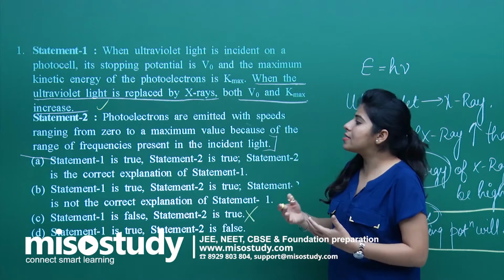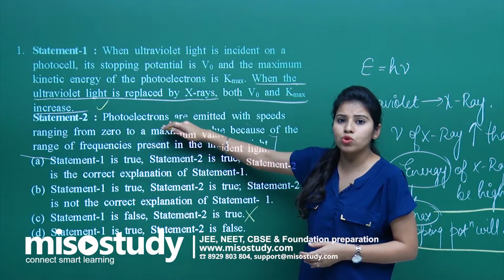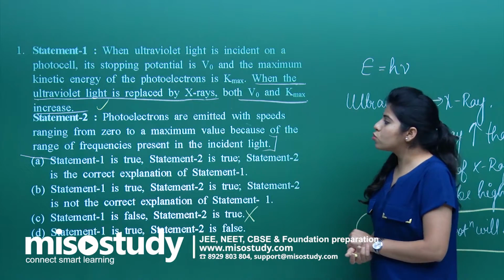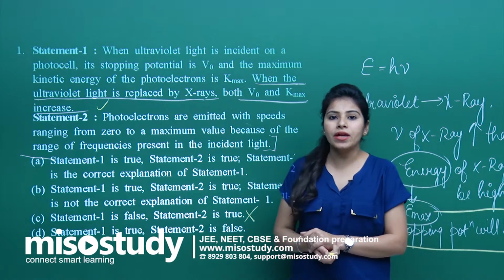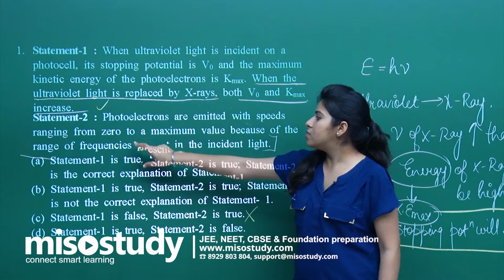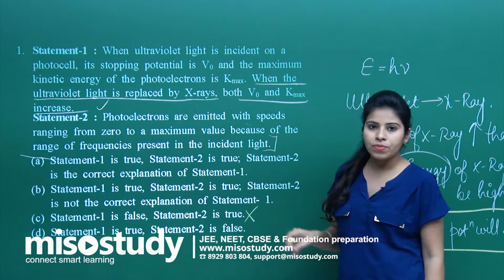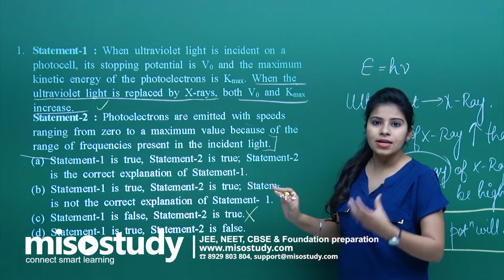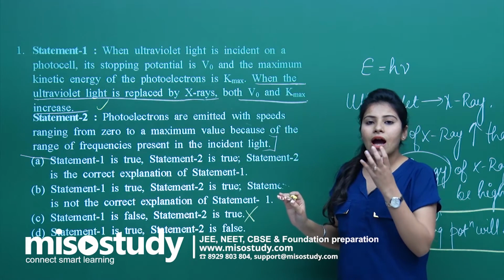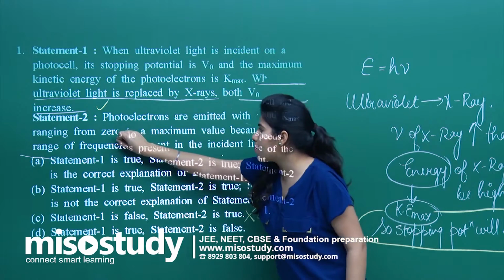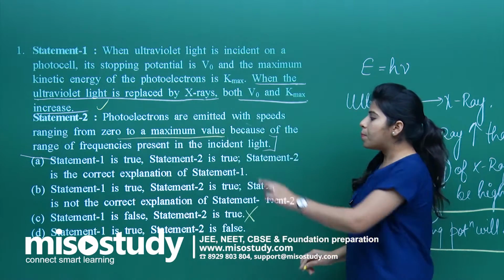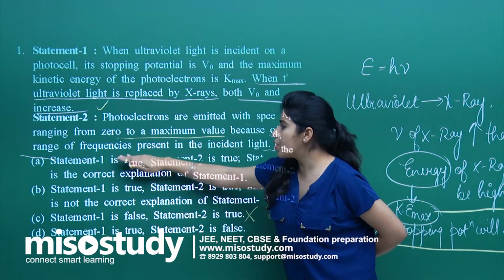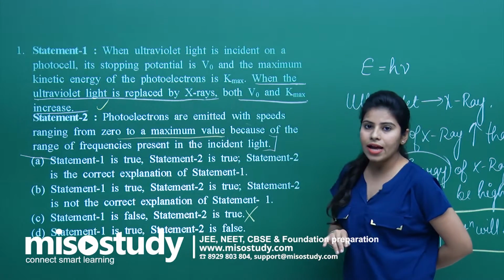Now let's see what statement 2 is. According to statement 2, the photoelectrons are emitted with speed ranging from 0 to a maximum value. Yes, this is true, the emitted photoelectrons range from 0 to a maximum value. But the reason given is the range of frequencies present in the incident light.